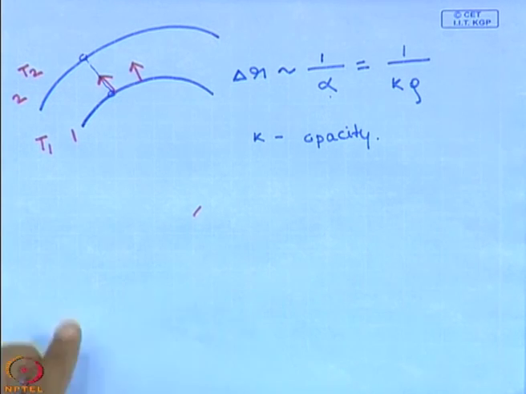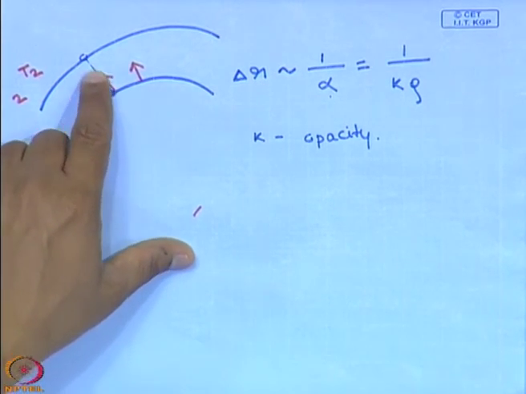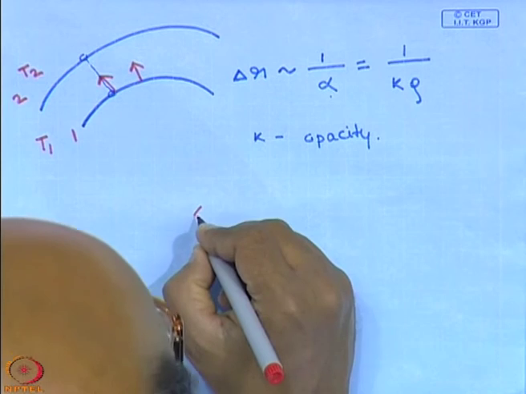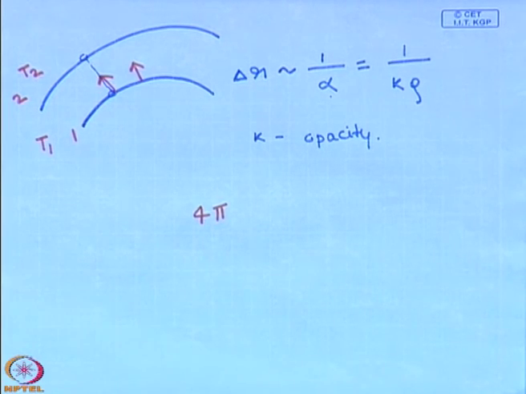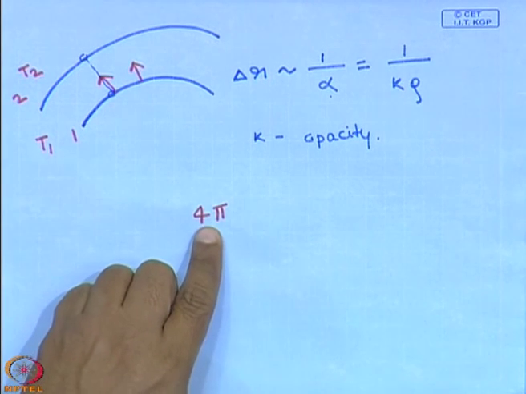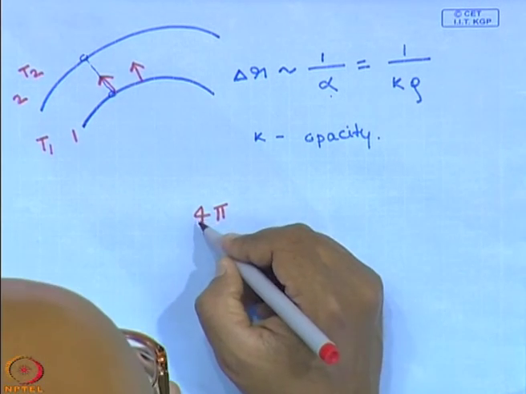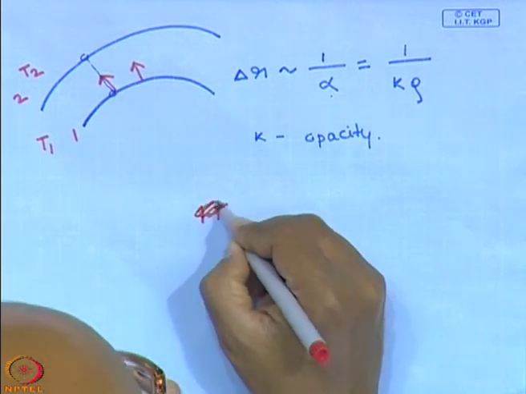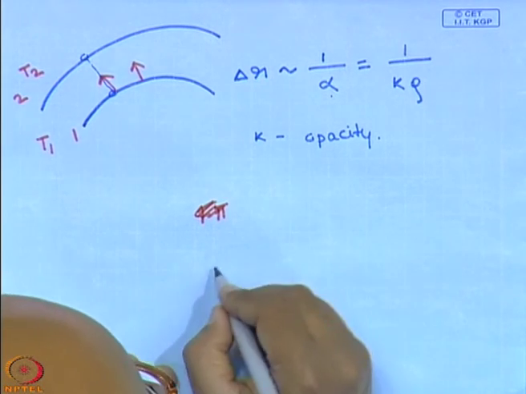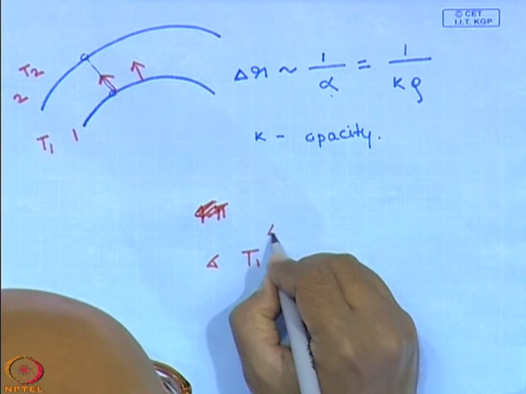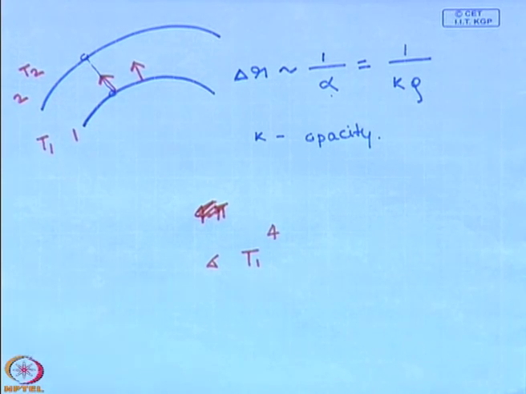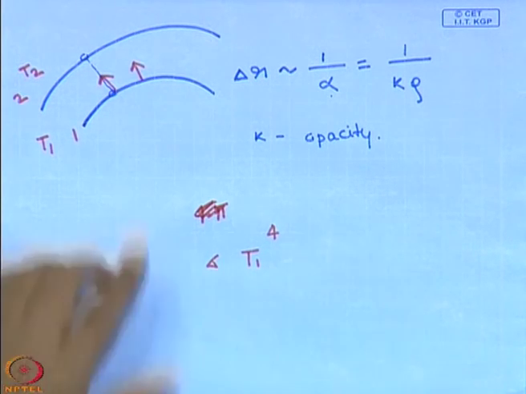So, the energy flux that is being radiated out is sigma T1 to the power 4, that is the flux per unit area, how much energy is going outwards.